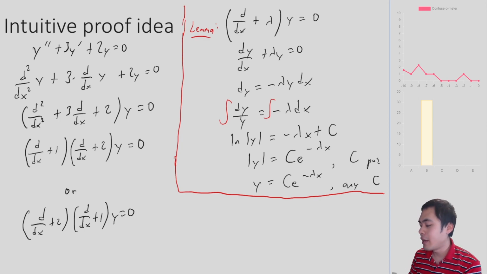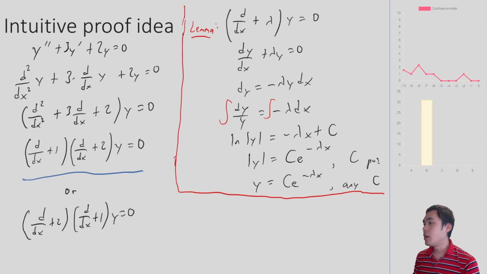So I factored it now, right? Going back, we want this entire thing here to be equal to 0. One way of getting the entire thing equal to 0 is to get just this piece equal to 0.